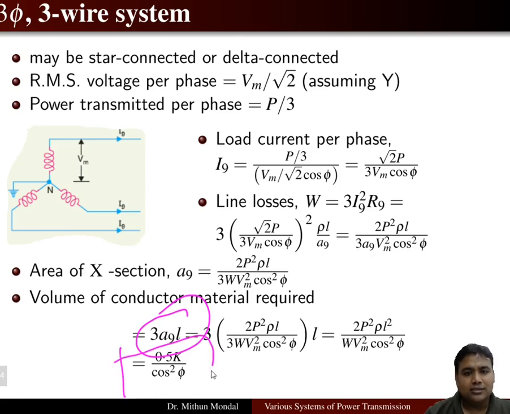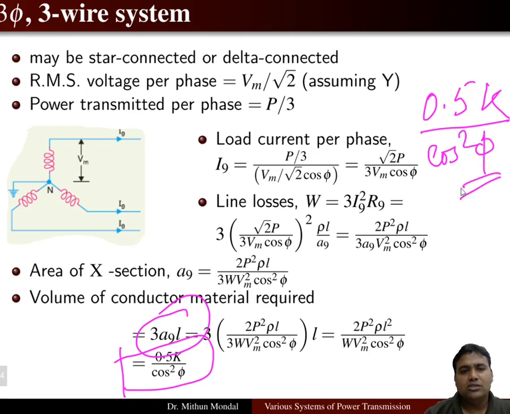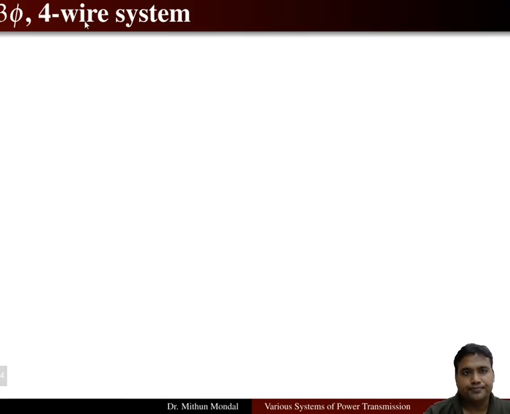It is equal to 0.5 times the comparison basis K divided by cos square phi. So this we get for our 9th point of discussion, that is the three-phase, three-wire system.